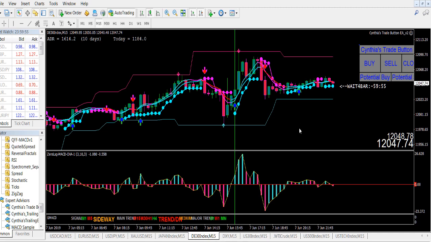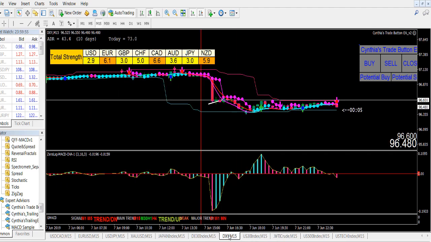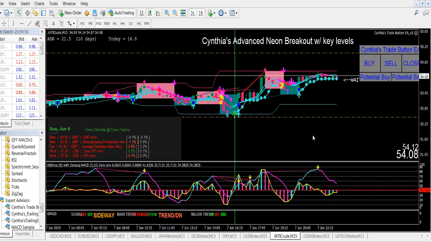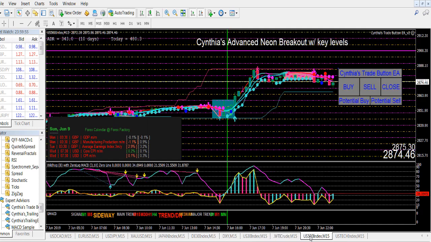And here's the DAX symbol, CFD, for European traders who like to trade the DAX. For US traders, this is the dollar index. It moved very well. This is non-farm payroll on Friday. This is the US 30 index. This is the West Texas crude, which really can make you a lot of money, and it works very well for mostly the entire day in the US session.